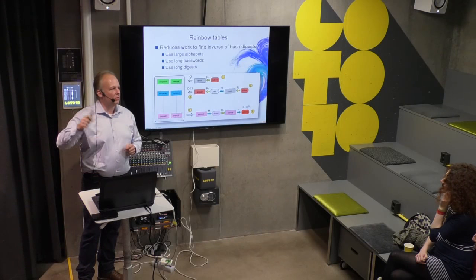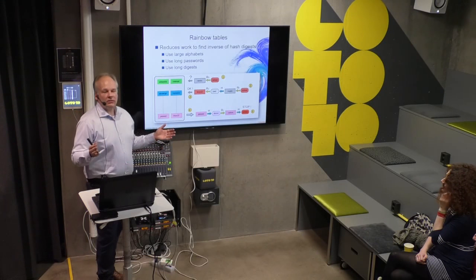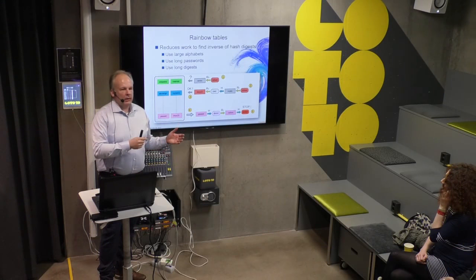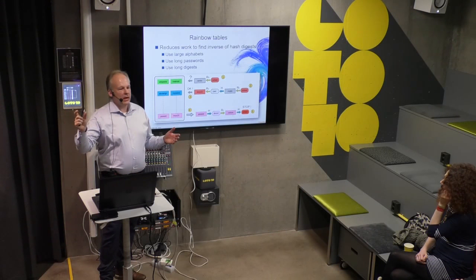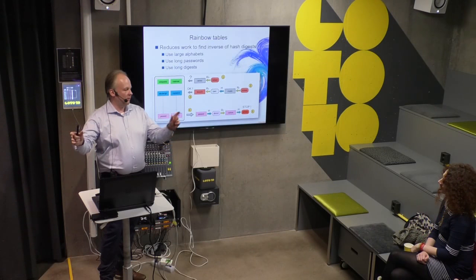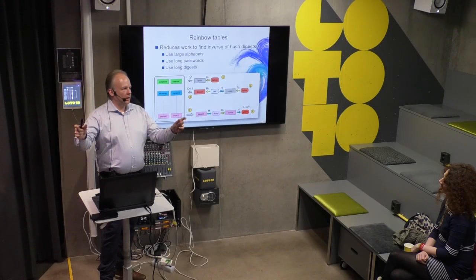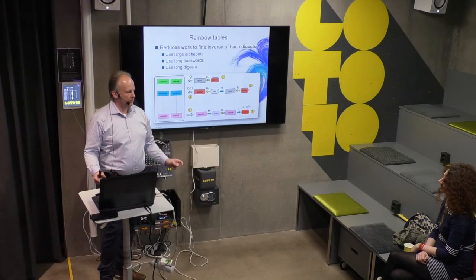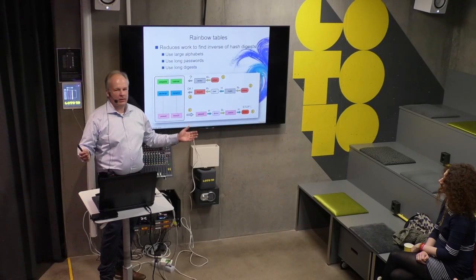It does this a predefined number of times, 1 million or several million, whatever. The last hash, it stores in a table together with the first password. And then it computes this for the entire password space. It becomes a big table, obviously.